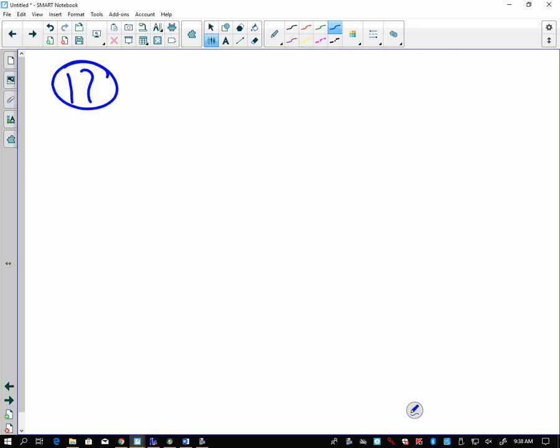Determine the values for which the expression is undefined. Okay. Let's see. Give me a number. 12. Give me a variable. B. Okay. Operation, plus or minus? Minus. Okay. Give me another number. 36.